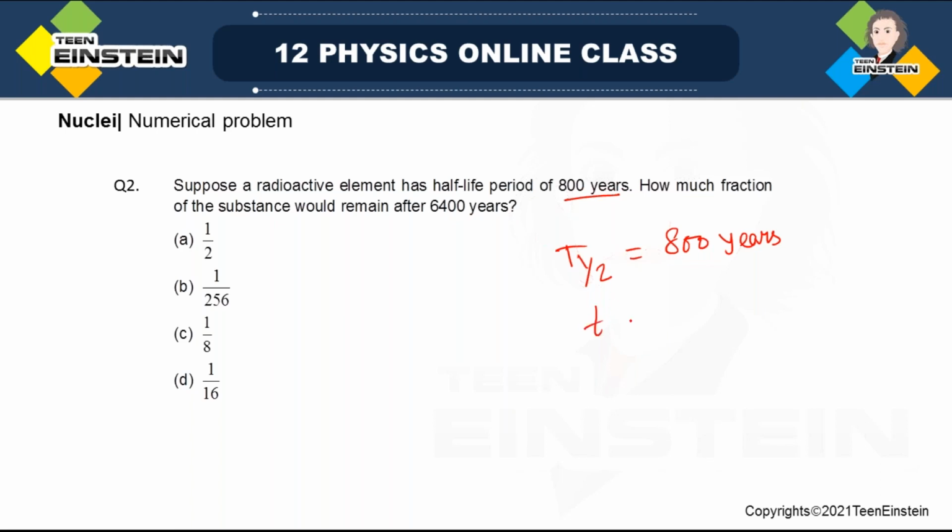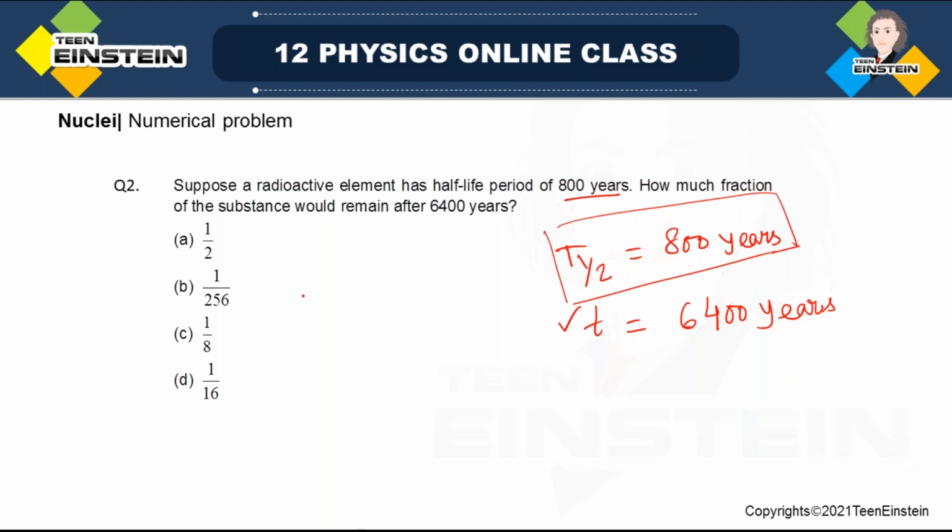Let us denote this time, 6400 years, by small t. You need to find the fraction of the substance, or the number of nuclei present in that substance.